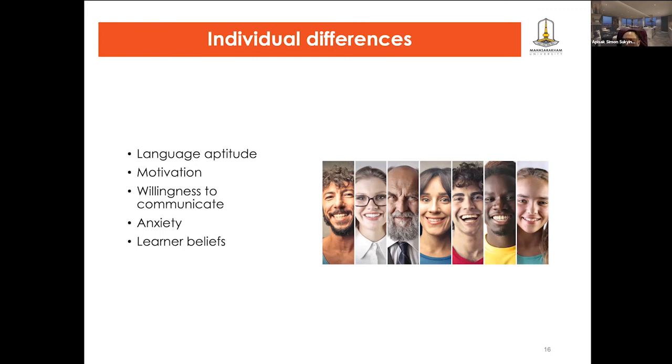Similar to willingness to communicate, anxiety is related to classroom interaction. Because if students are anxious, they may not participate or join classroom interaction. Keep that in mind, right?